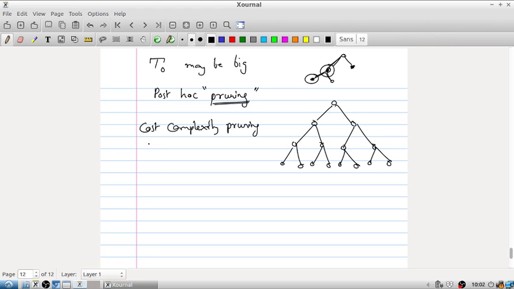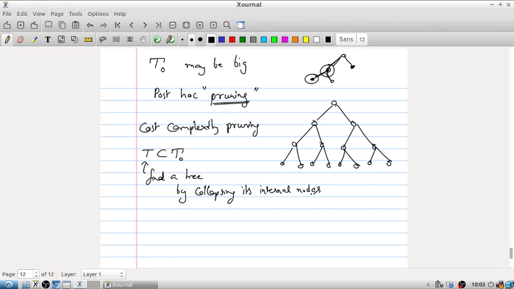For that, we want to find a tree which is a subtree of T naught by collapsing its internal nodes.